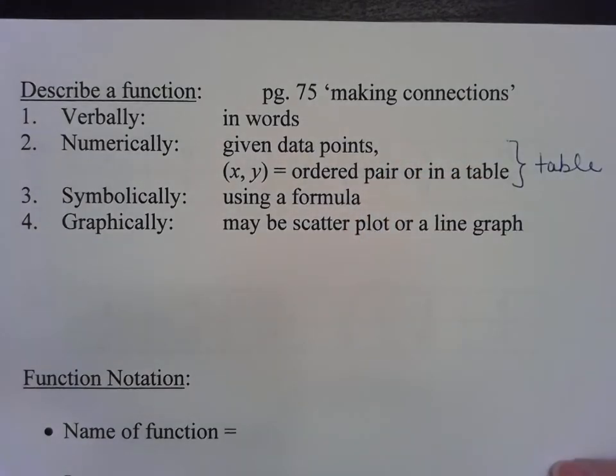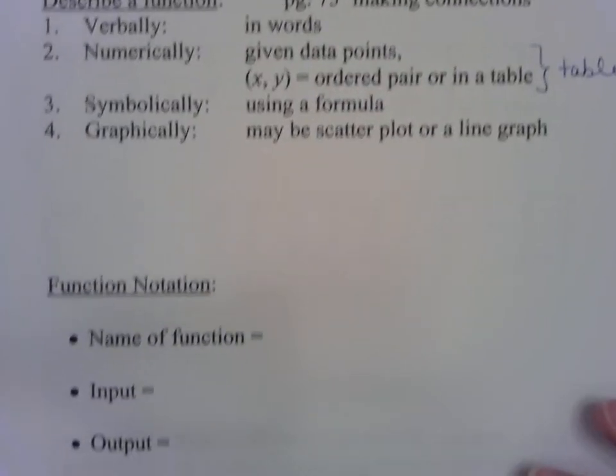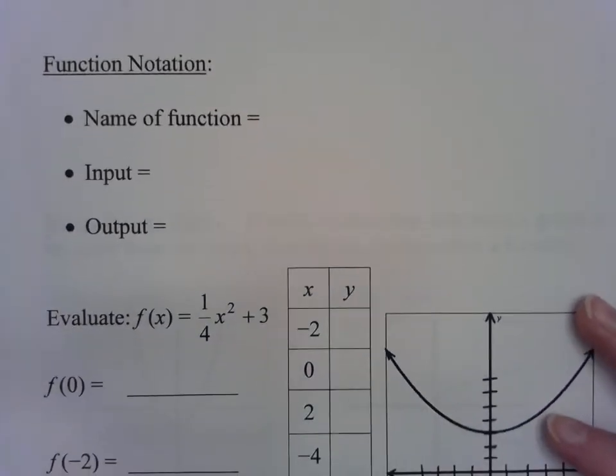Or we could do it symbolically, using a formula or an equation, or we could do it graphically. We could draw a picture, a graph of the function or the relationship. We've seen a lot of graphs lately, and a graph is usually a really easy way to show a lot of interesting phenomenon, right? Relationships.